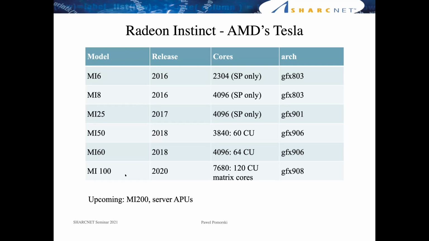And not only this, but AMD, because they make both CPUs and GPUs, have long had a line of what are called APUs. APUs are chips which combine a CPU and a GPU in one chip, sharing the same memory. This has been available for the last 10 years, but only on the consumer side of the market. But what's coming soon, in a year or two, are proper high quality HPC APUs. So you will have a CPU and a GPU on the same chip.